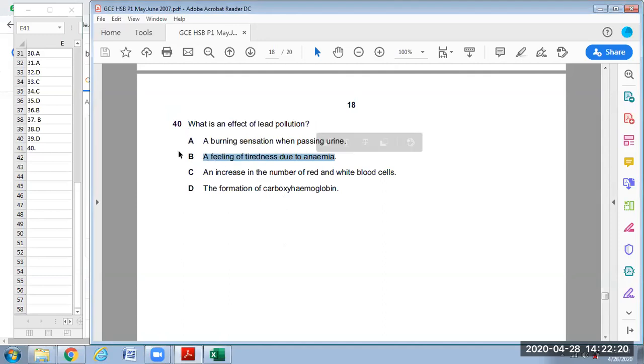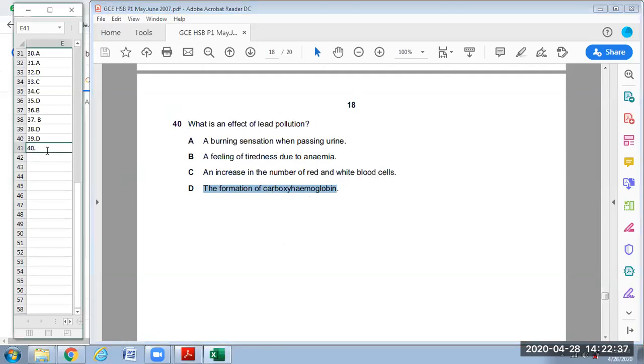It does give headaches and a feeling of weakness. An increased number of red blood cells? No. How could lead cause that? The formation of carboxyhemoglobin? Carbon monoxide is not found in lead, so the answer is B. Very good. A feeling of tiredness due to anemia.